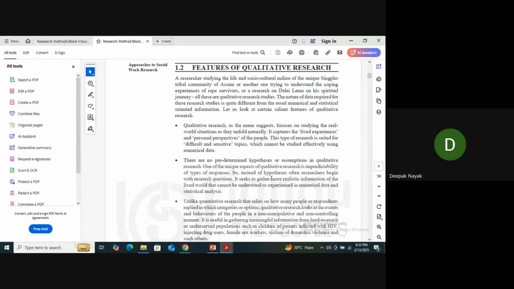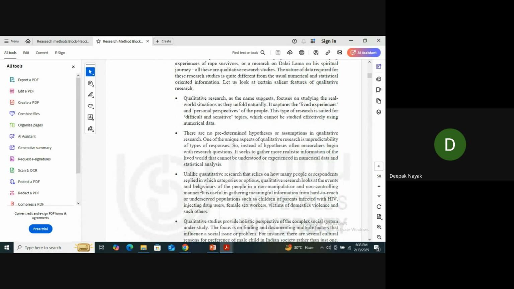especially when we study some difficult and sensitive topics, it is always advisable that we take the qualitative method of study. They don't have much to do with numerical data or quantitative data to understand the things. Very often you have to go with qualitative data. Some very sensitive cases, like domestic violence, you don't have much to do with numbers.